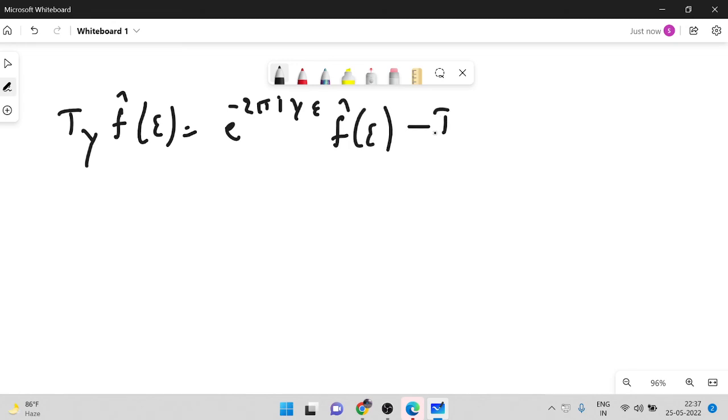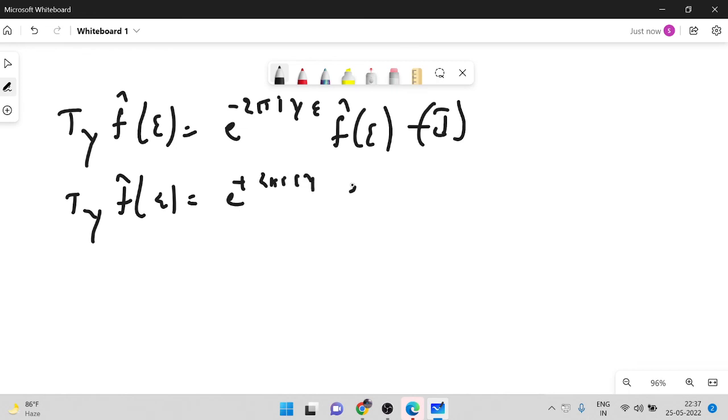This is one identity. And then the Fourier transform of E_y f at epsilon is e power minus 2 pi I epsilon y times f hat of epsilon. That is the second identity.